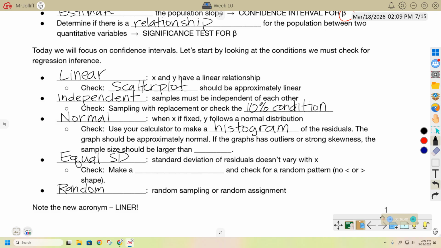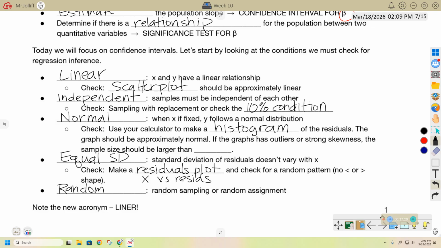So we are going to make what's called a residuals plot, which is X versus the resids. It is a scatter plot of X versus resids instead of X versus Y. That's a residuals plot. And we are checking for a pattern. We should not see one. It should be random. We want random scatter.